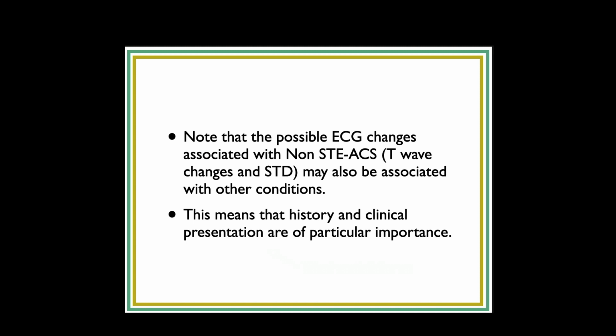But they don't present in any other way other than they fell off the ladder. They have no ACS symptoms. At that point, you're thinking, well, if I see ST depression, it's a little iffy. Does that make sense? That came out a little garbled. But I guess I want to say clinical presentation is super important here.